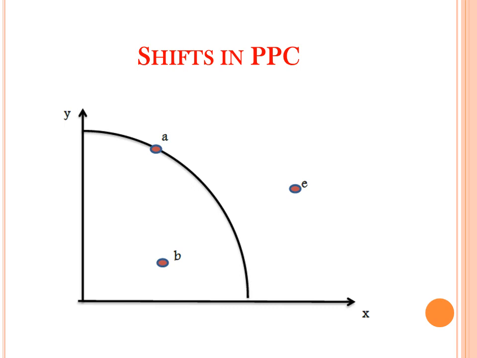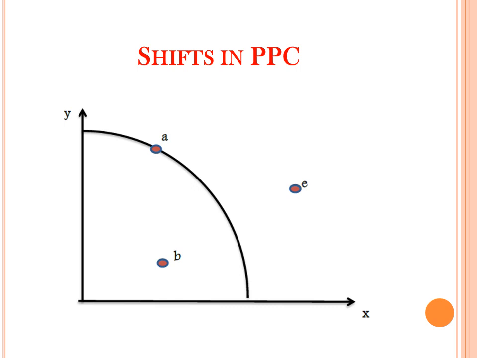In order to reach point E, the economy has to increase its resources or achieve a higher economic growth rate. It could be through technological progress.